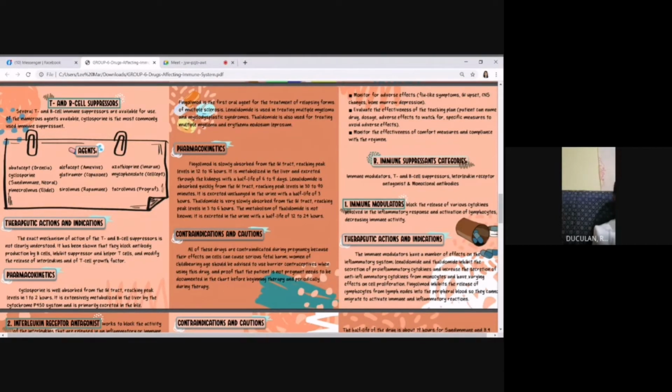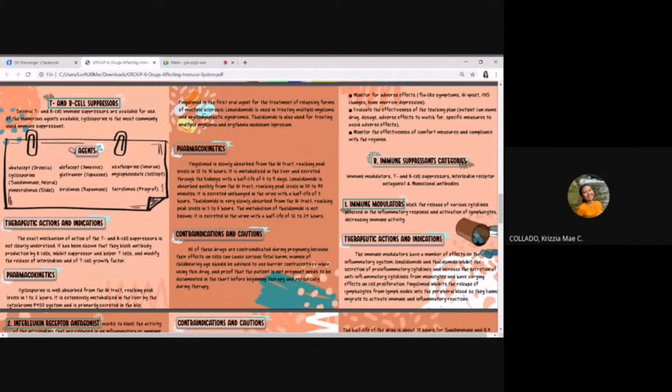It has been shown that they block antibody production by B cells, inhibit suppressors, and modify the release of interleukins and T cell growth factor.